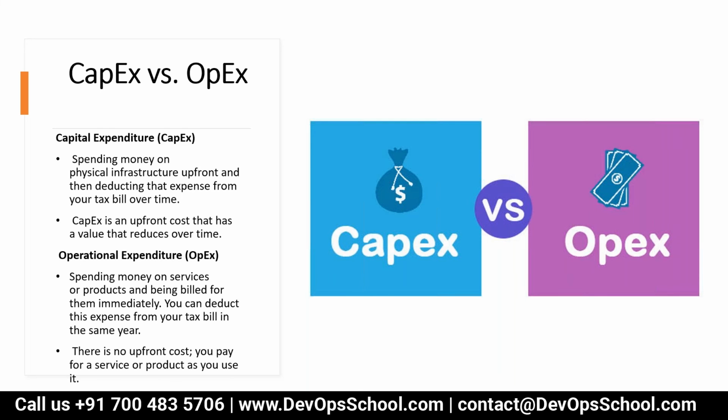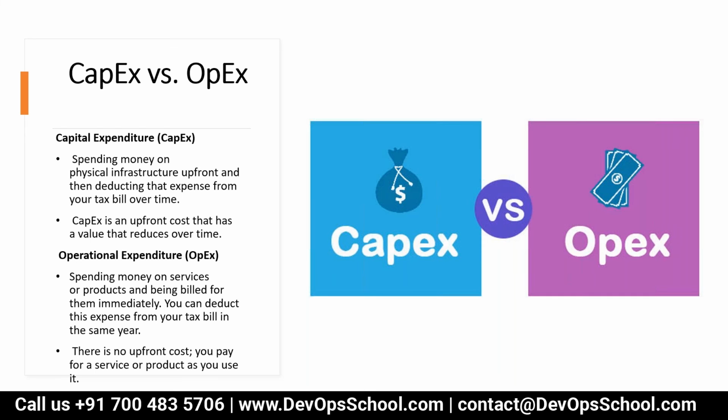You first take the service from a provider like Airtel or ACT, and then you pay for the service. That is known as operational expenditure. So that is the difference between capital expenditure and operational expenditure. Anyone have any doubt?